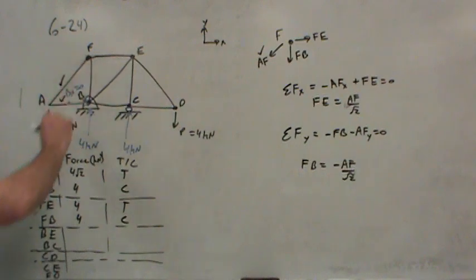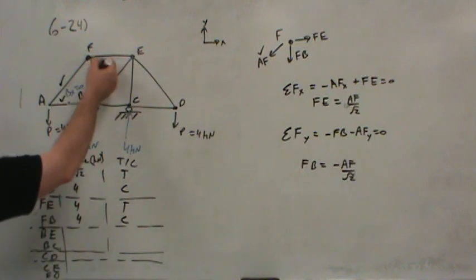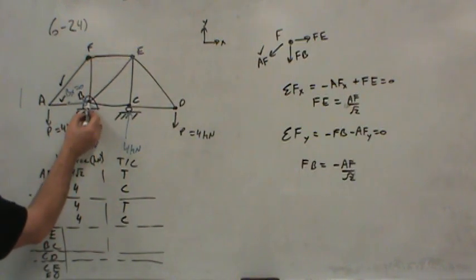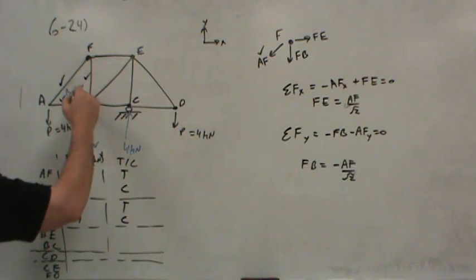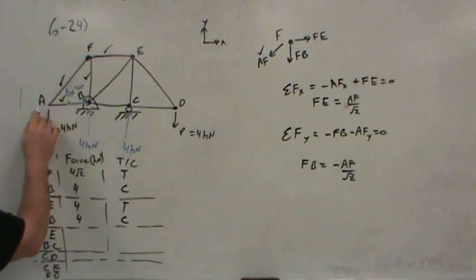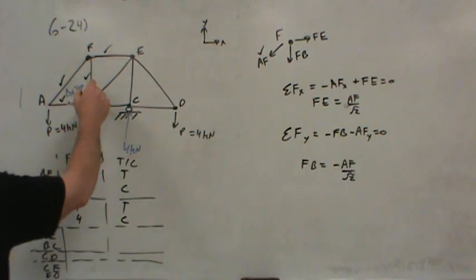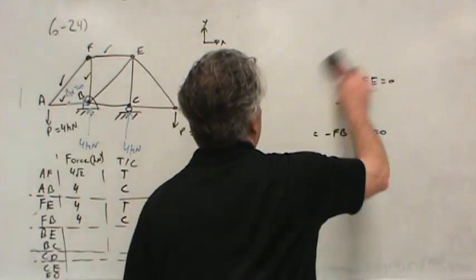So FB is a compressive load rather than a tensile load. So now we solve point F, and notice what that gave us is one of the members that would have plagued a solution to B. Right now we know the load in member FE and FB. We also know the load in AB. So a free body diagram of point B will have 2 unknowns, BE and BC. Let's take care of that one next.